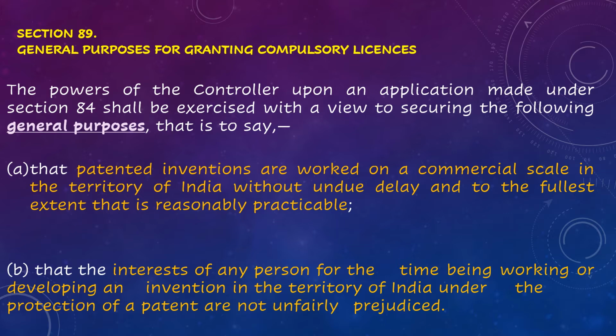When an application is made under Section 84 for requesting a compulsory license, then the power of the controller shall be exercised to secure the following general purposes. The purposes are that the patented inventions are worked on a commercial scale in India without undue delay and to the fullest extent that is reasonably practicable.